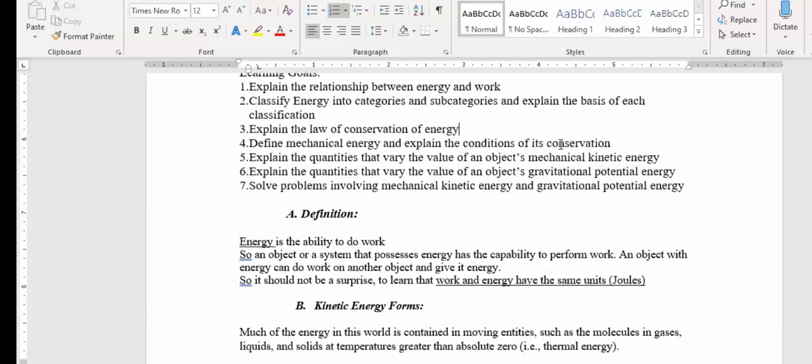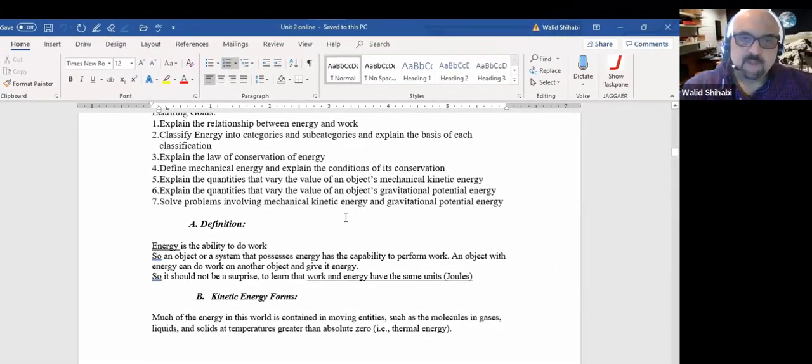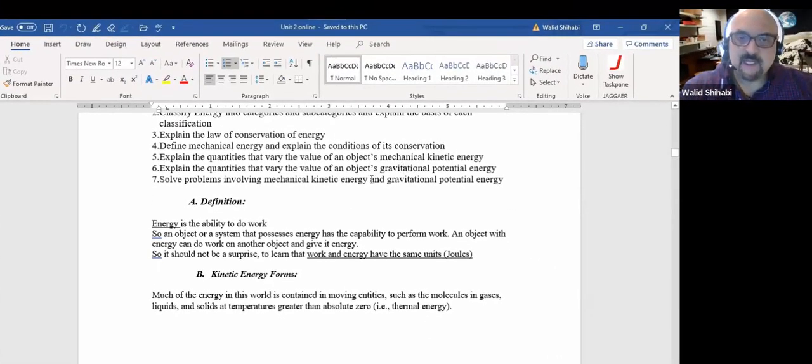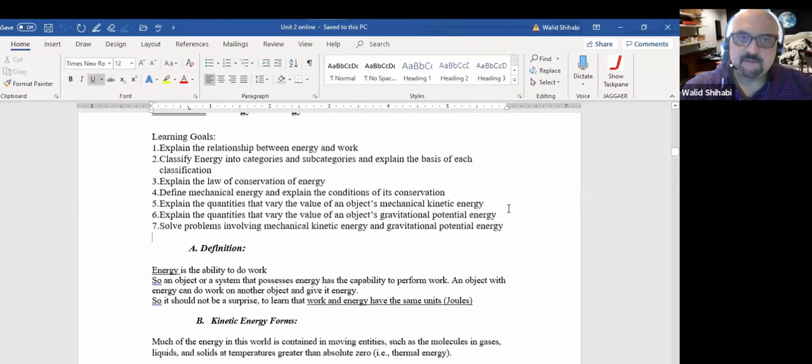So we have the conservation of energy in general, and then we have something called the conservation of mechanical energy. Okay. We'll talk about the quantities that vary the value of mechanical energy. And we'll explain the quantities that vary the value of an object's gravitational potential energy. And then we'll solve problems over kinetic energy and gravitational potential energy.